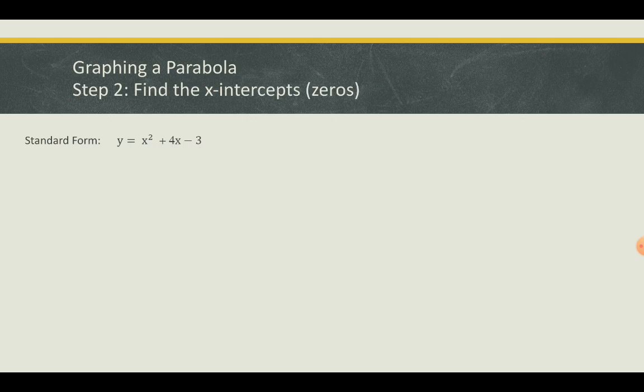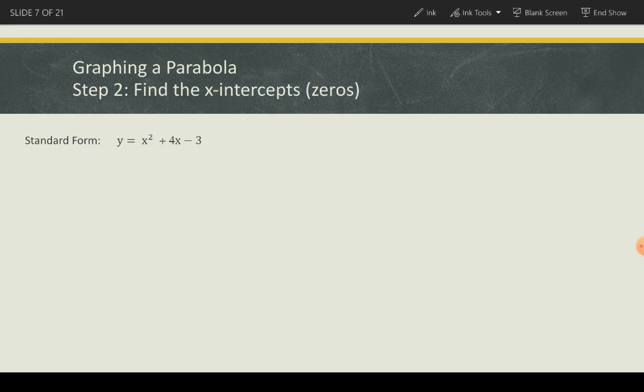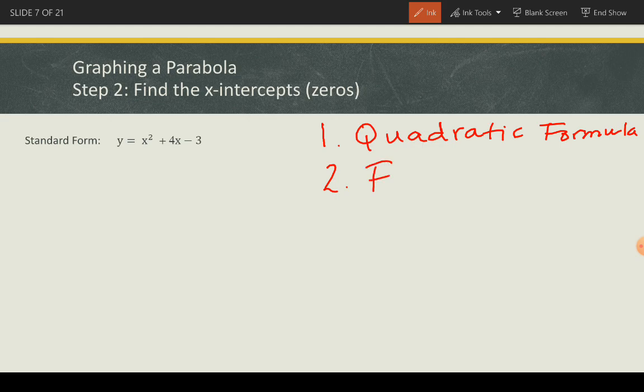Next thing we want to do is find the x-intercepts, also known as the zeros. So there are two things that we can use to find the zeros. We can either find the zeros using the quadratic formula, or we can find the zeros by factoring.